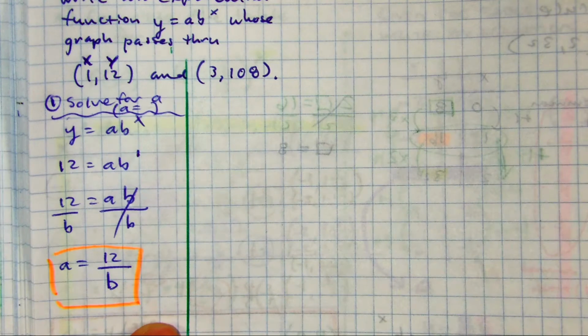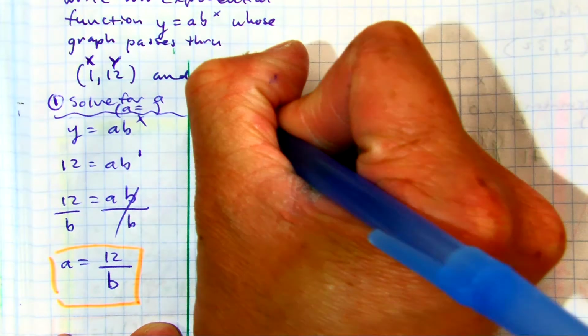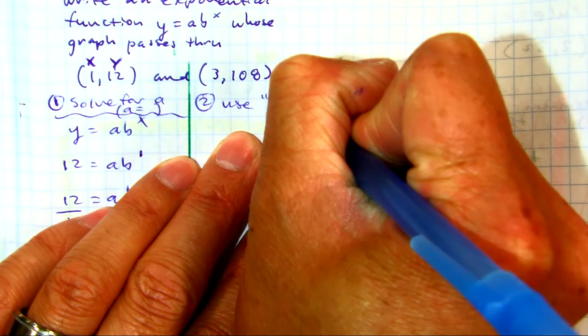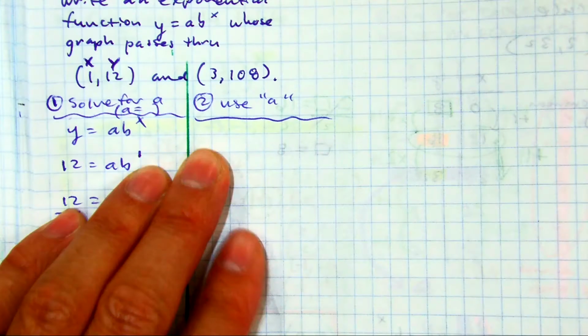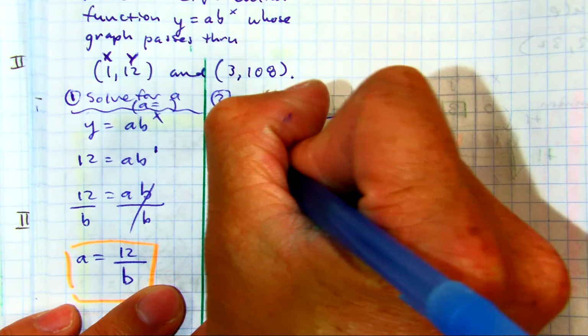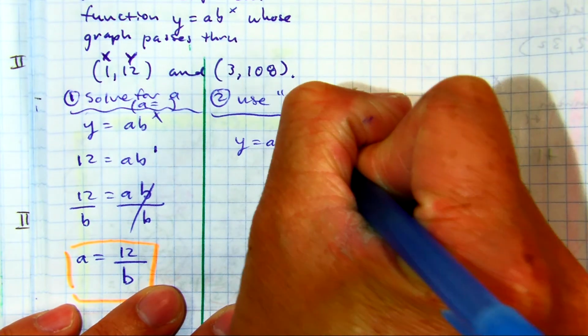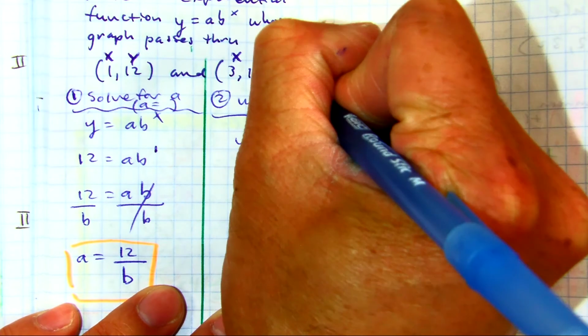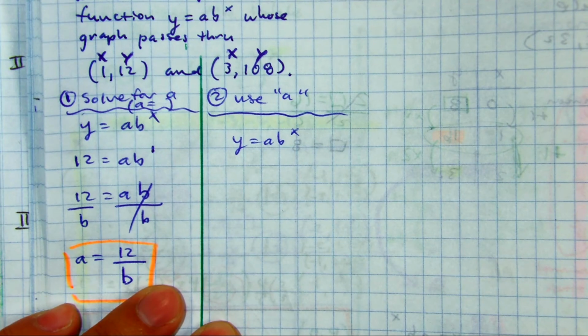Okay, the next thing I'm going to do is call this step use A. Use the A that we just got. I'm going to do the same thing. I'm going to use the exponential equation and plug in our x and our y. Class, what's my y value?